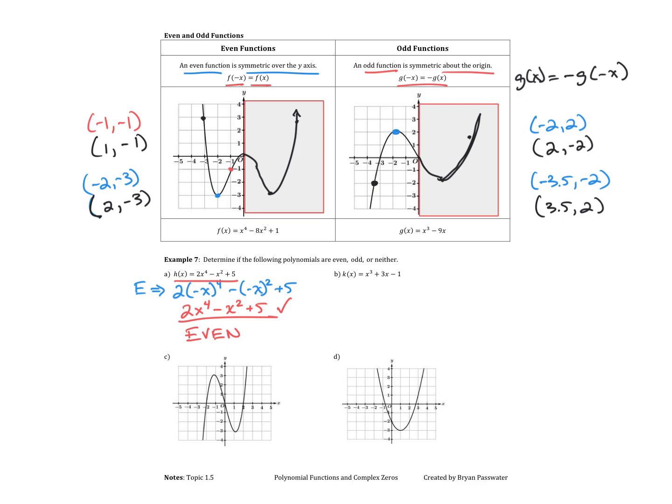So now I have x cubed plus 3x minus 1. Let's check for even. To check for even, we're going to take negative x and substitute it in for x. So now I have negative x quantity cubed plus 3 times negative x minus 1.